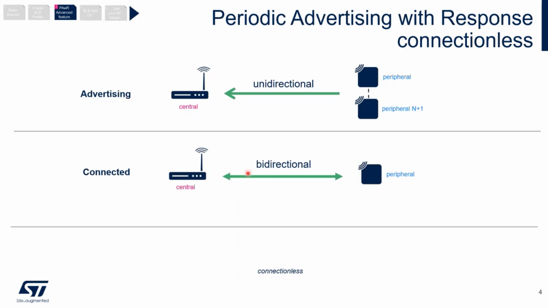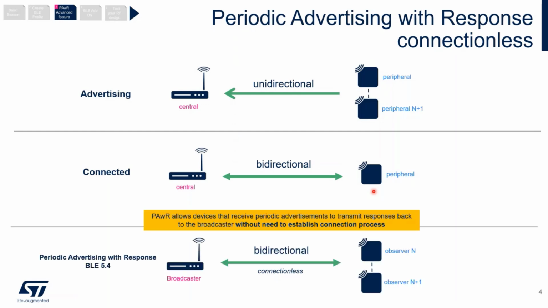But you are entering into a more complex system where you need to enable connection procedures, pairing, and so on, which is not so scalable, because if you need to add a new peripheral, you have to create a new connection, which will give less room for the first connection and so on. So you will have to play with the connection interval and so on. But this was the only way to move to a bidirectional communication between two entities in BLE.